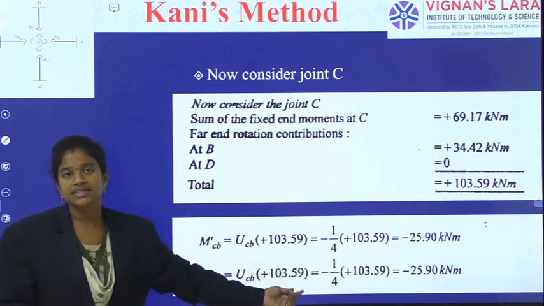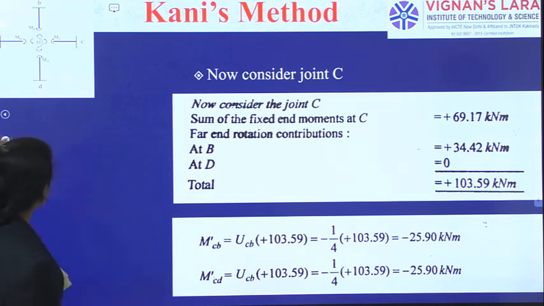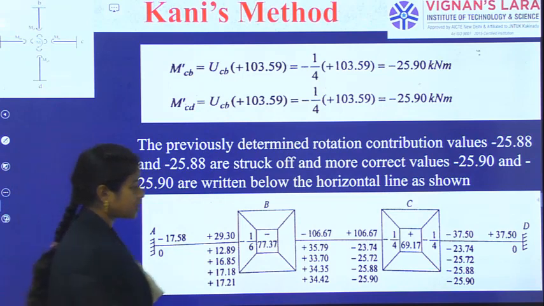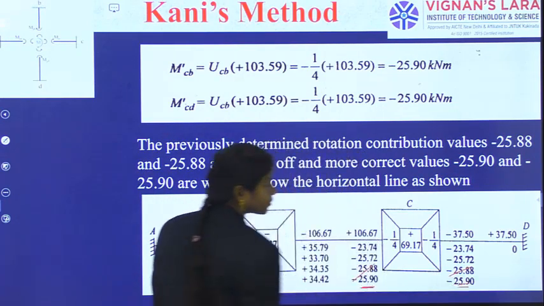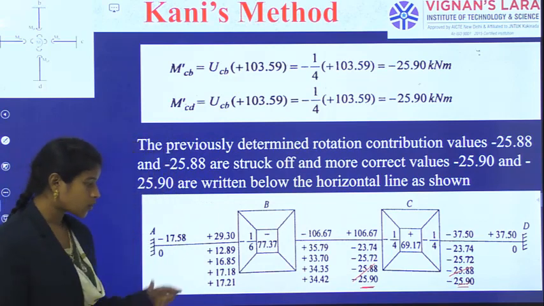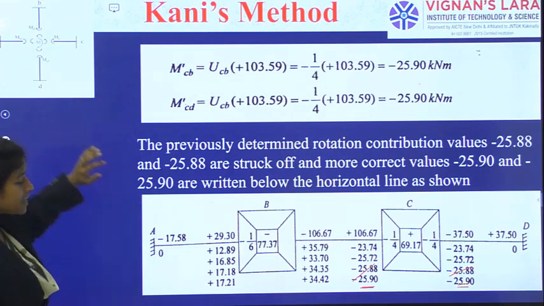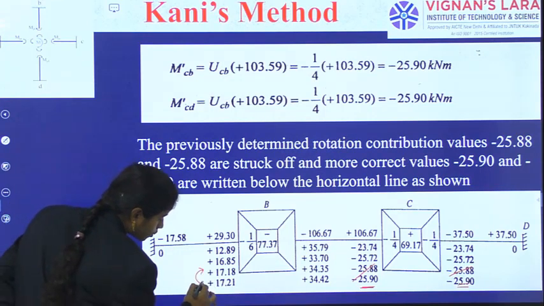We have got minus 25.90 and 25.90, striking off the previous values and adding the new values. So up to which cycle should we go? How many cycles we should observe is decided by observing the upper value and the lower value.